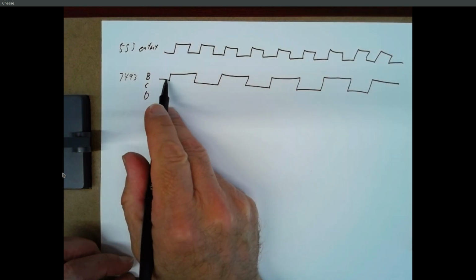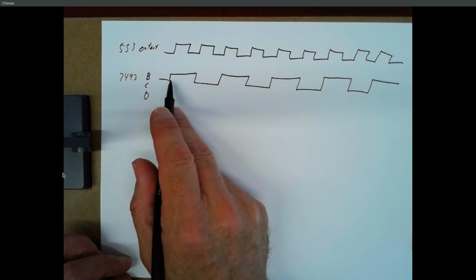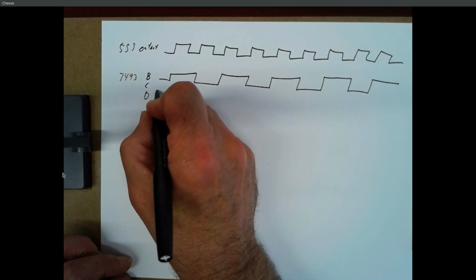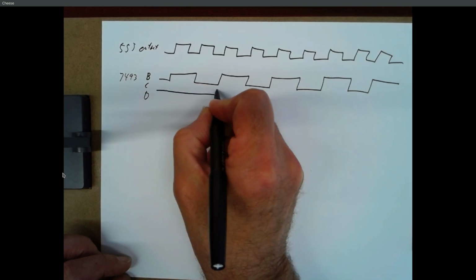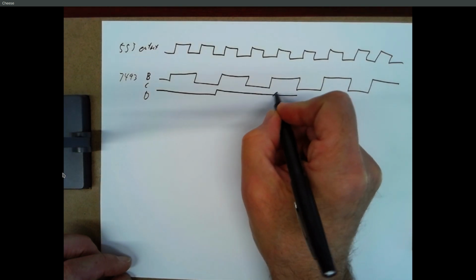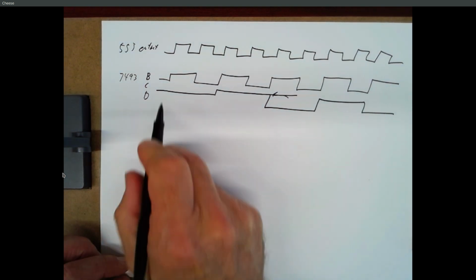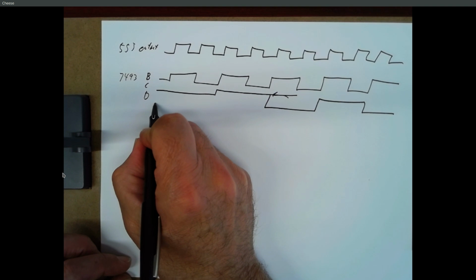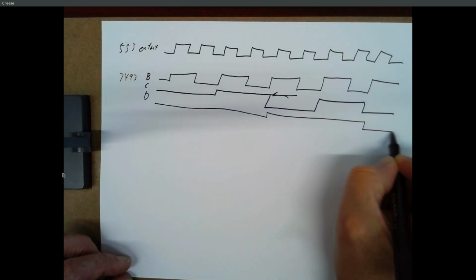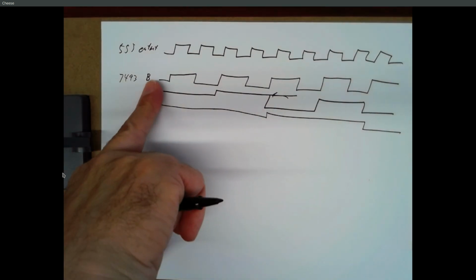Right, this output toggles every other time that the 555 changes from 0 to 1, and every time that B changes from 0 to 1, the next bit is going to change from 0 to 1. And every time that this changes from 0 to 1, actually from 1 to 0, but anyway, if you actually look at what the circuit's doing, you can draw what the output of your counter is, right?